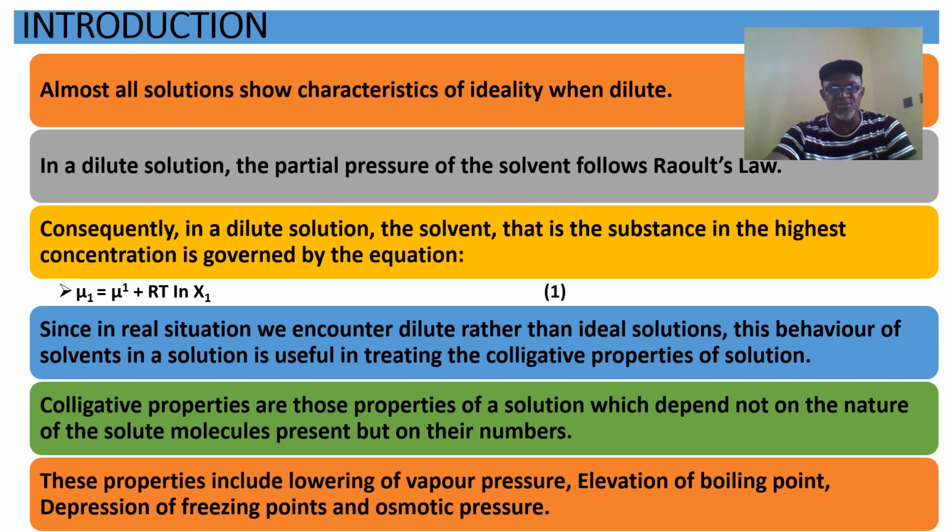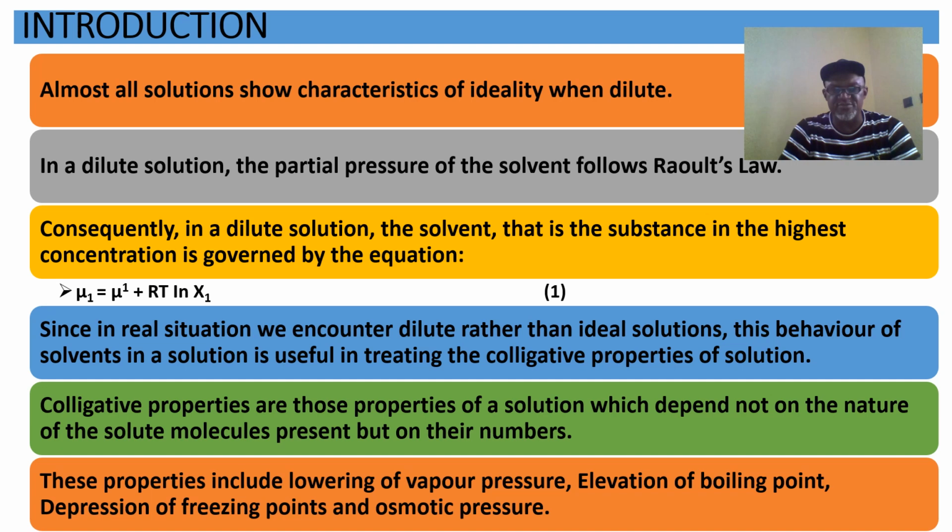So in a dilute solution, the partial pressure of the solvent follows Raoult's law. Remember, we've done this in 100 level, but we're just trying to move a little higher, just up the ladder. But basically, still the same basis, Raoult's law.